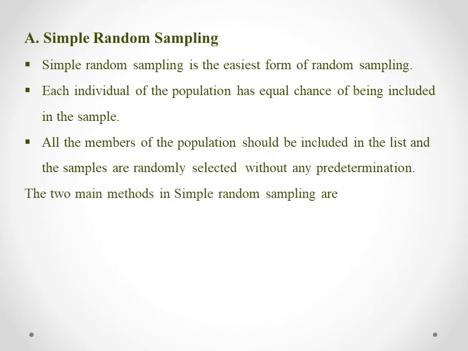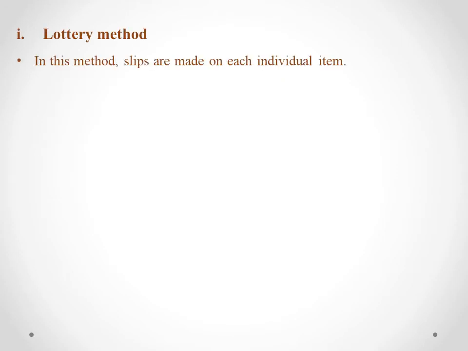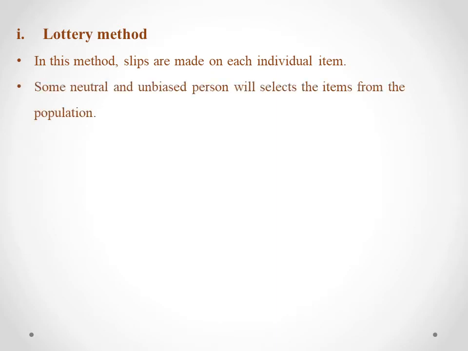The two main methods of simple random sampling are the lottery method and random sampling numbers. Lottery method: in the lottery method, slips are made with each individual item or each individual's name written on them, and some neutral or unbiased person is selected to pick the slips from the entire population.